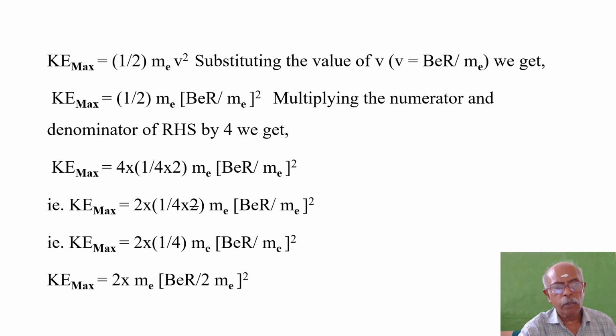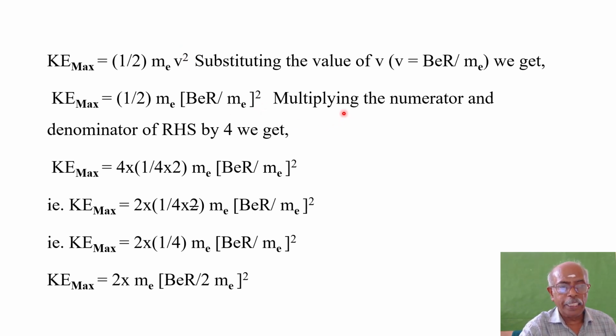Now KE max is equal to half m_e v square, where m_e is the mass of the electron and v is the velocity. Now you know the value of v: v is equal to BeR by m_e. So KE max is equal to half into m_e into (BeR by m_e) the whole square.